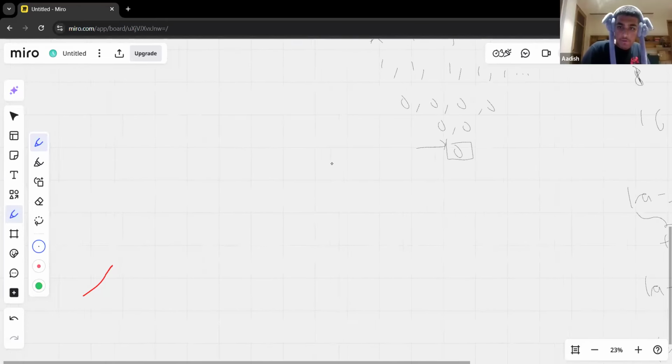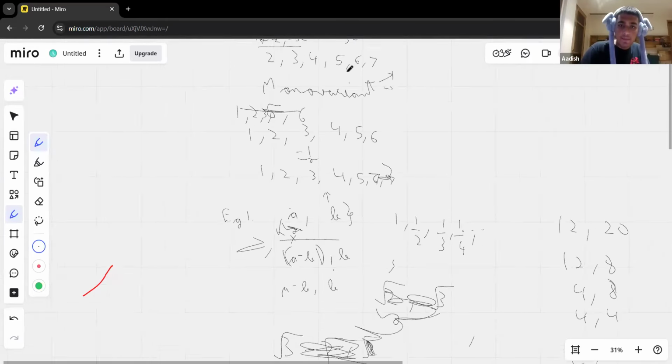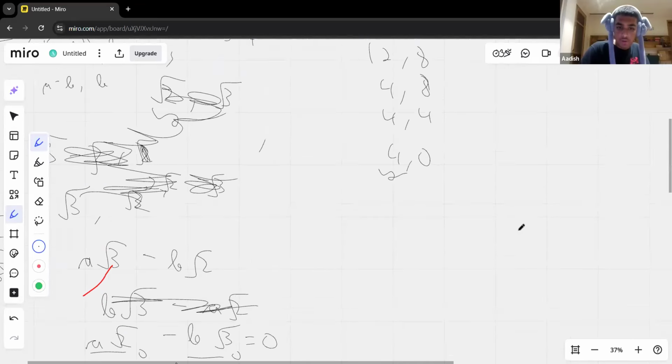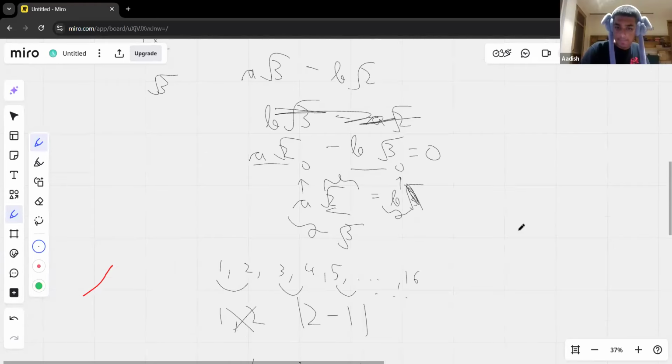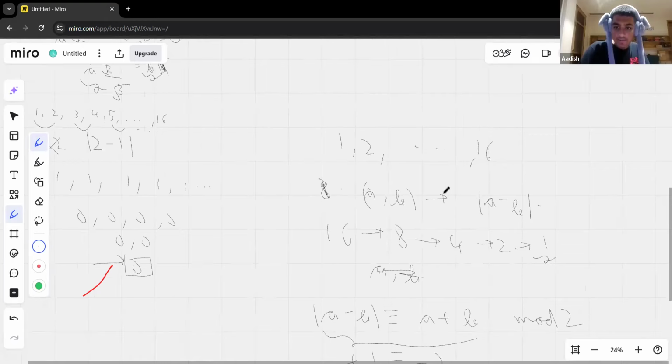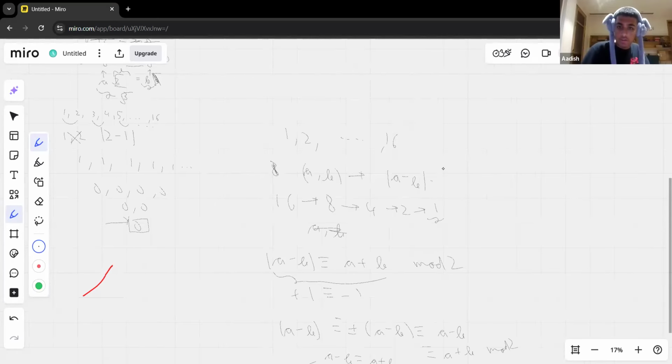So earlier, in this example, when we were adding one here and subtracting one there, the sum of the numbers was the invariant. Now the sum is no longer the invariant. The sum decreases. However, if it was even, it stays even. If it was odd, it stays odd.